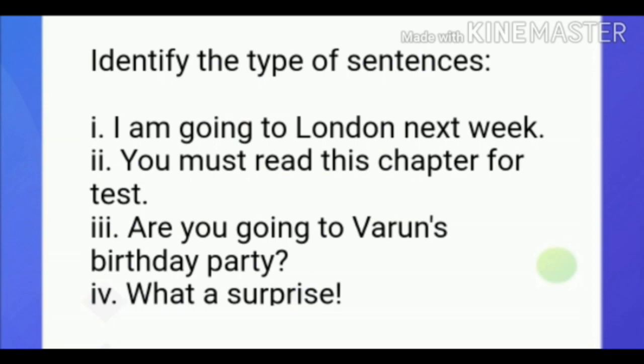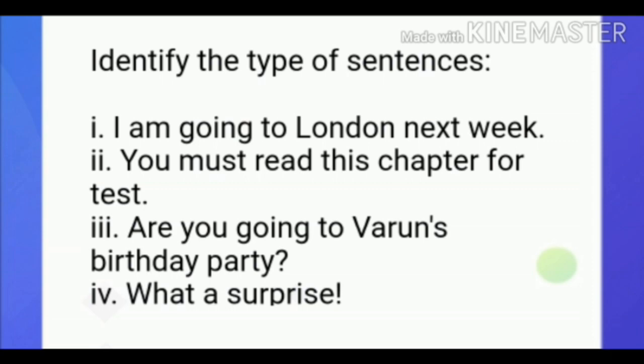Now children, let us try to identify the type of sentences. First one, I am going to London next week. Children, this is a very simple sentence, so this is an assertive or declarative sentence. Second one, you must read this chapter for the test. This is an instruction or an order, so this is an imperative sentence. Third one, are you going to Varun's birthday party?